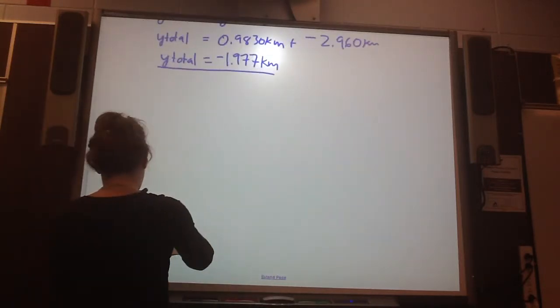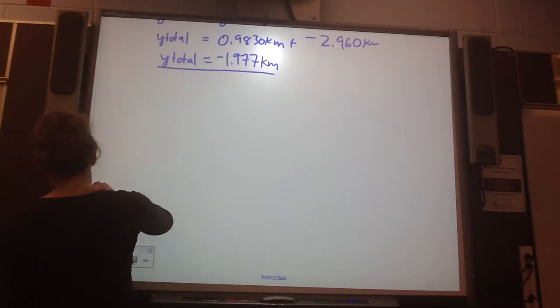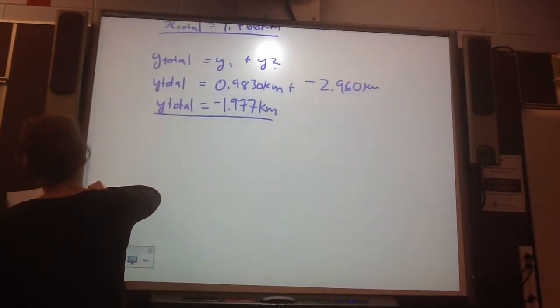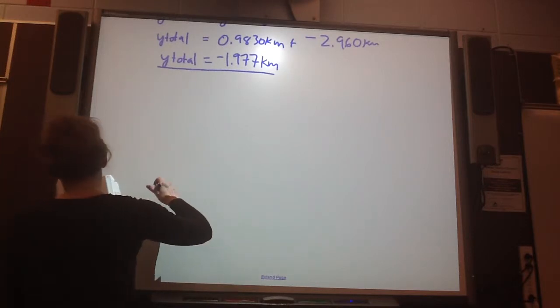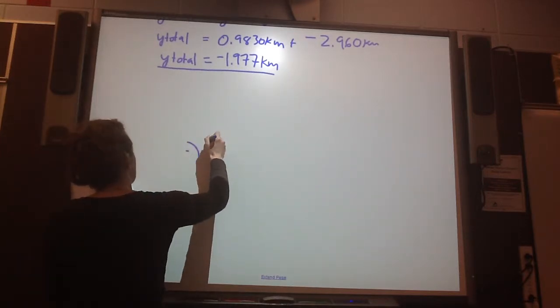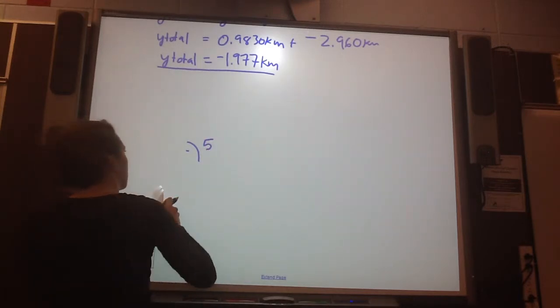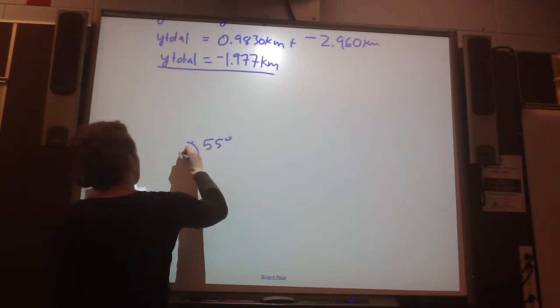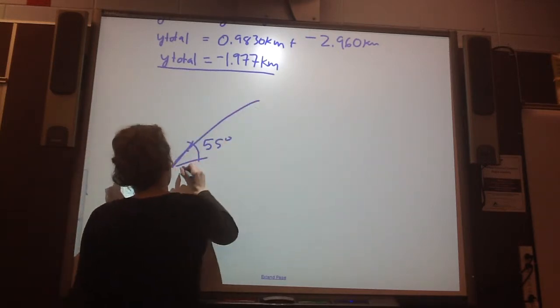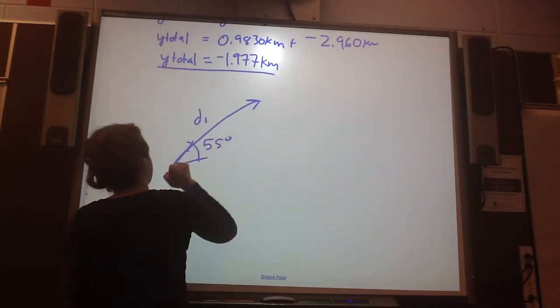So now we have our x is 1.76, and I know that this direction was 55 degrees, my first vector, my overall d1.